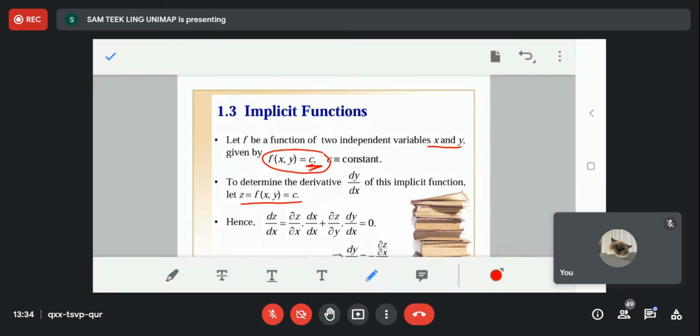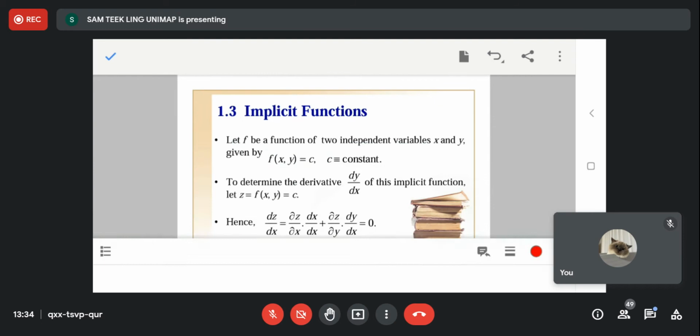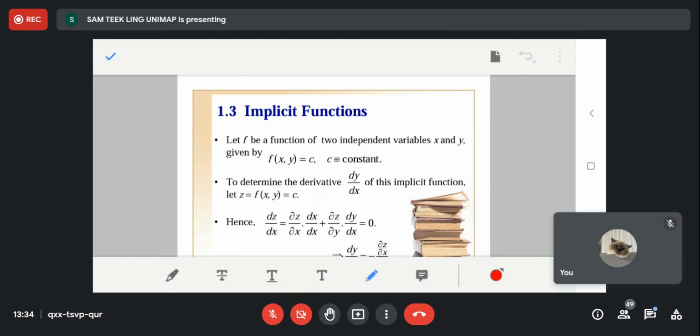So z equals f(x, y), which equals c. This is the first step.